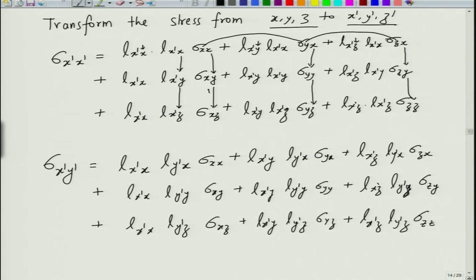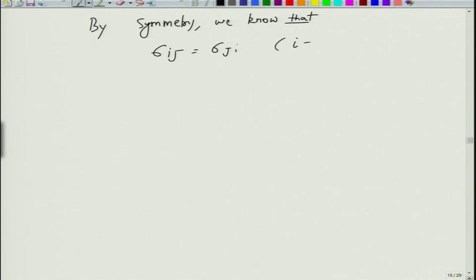Now, of course, these are the two expressions. Similarly, you can write other expressions as well. Now, by symmetry we know that sigma ij is equal to sigma ji, where i is not equal to j.